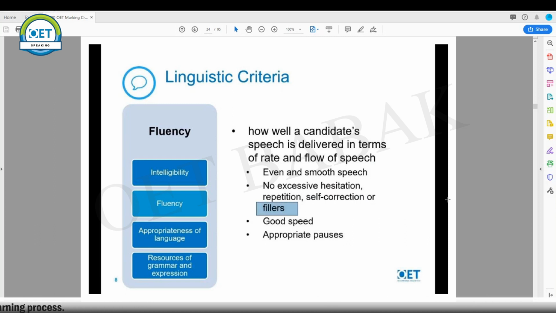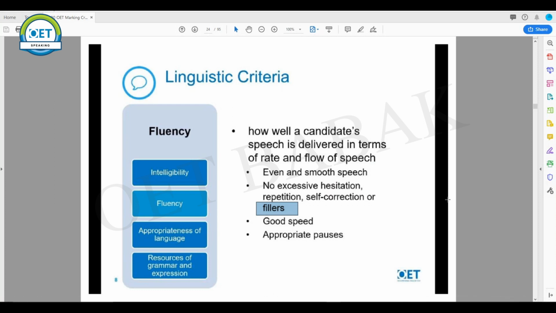What are fillers? Not sounds, but words. Like: you know, actually, in my opinion, as far as I am concerned, what I think, sort of, or this.